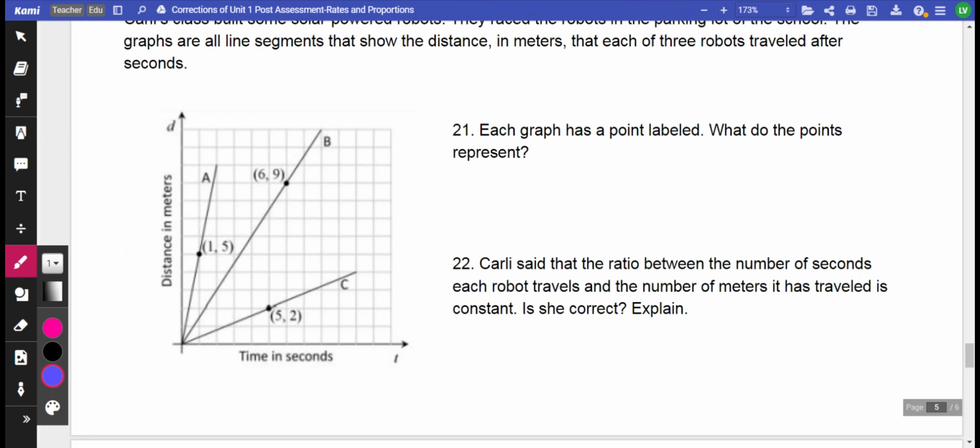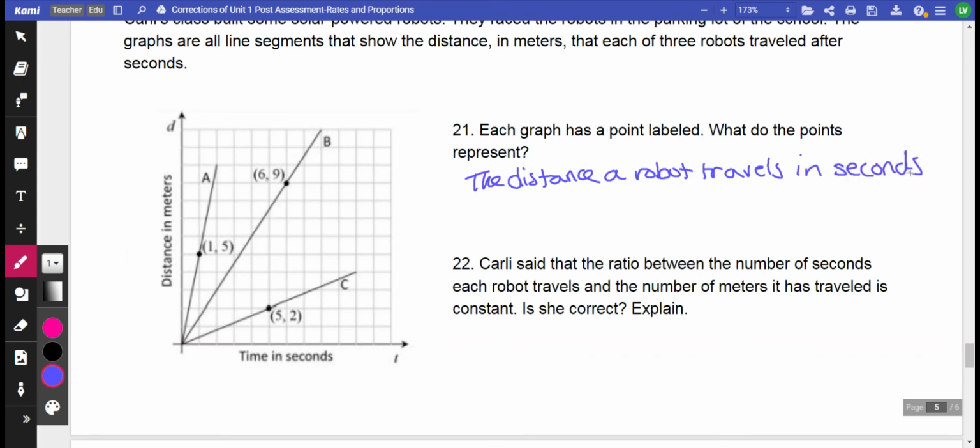What do the points represent? That represents, and this is just one way that you could have answered it, the distance a robot travels in some seconds.